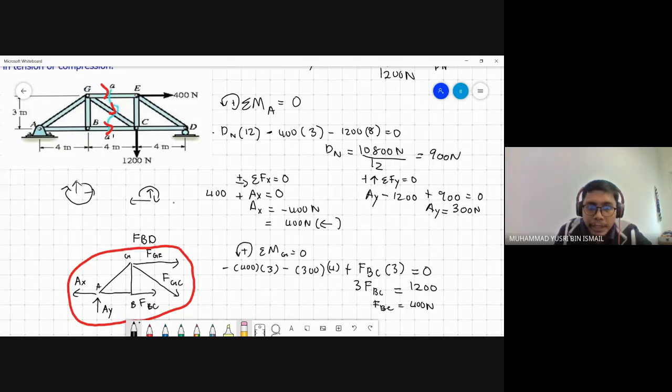Okay, FBC is basically, since I assume it in tension, so my assumption is correct. Tension, 400 Newton. 300 Newton. The answer is, sorry, 1200 divided by 3.